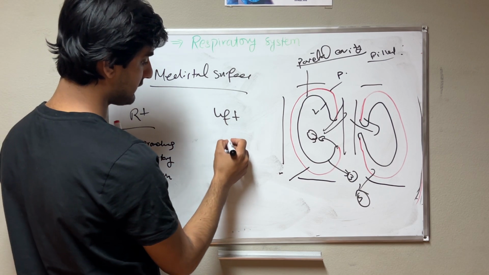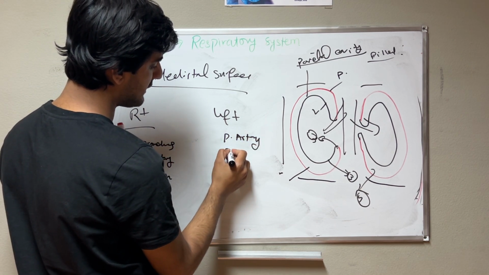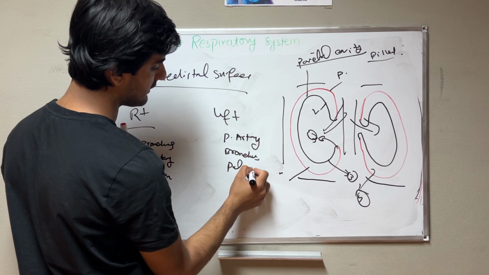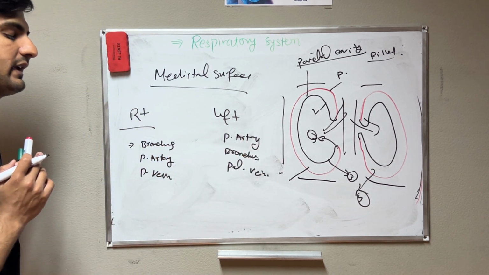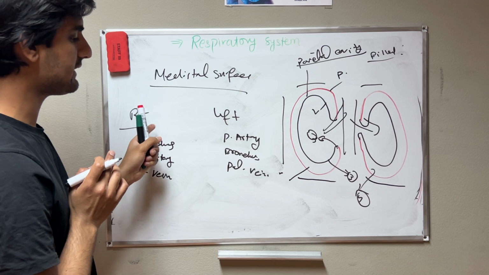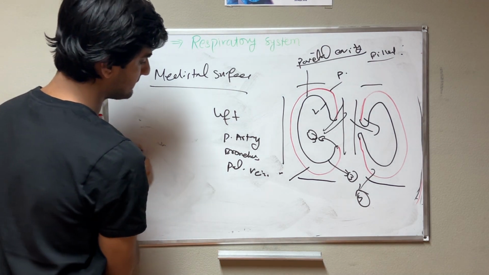But in the left, first we have the pulmonary artery, then the bronchus, and then the pulmonary vein. These are the structures entering the hilum of both lungs, right and left. Okay, now we will start the mediastinum.